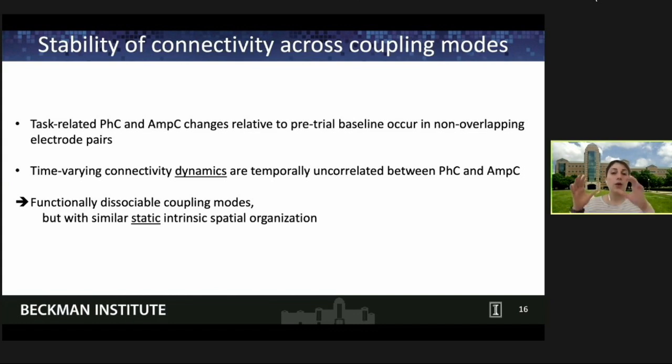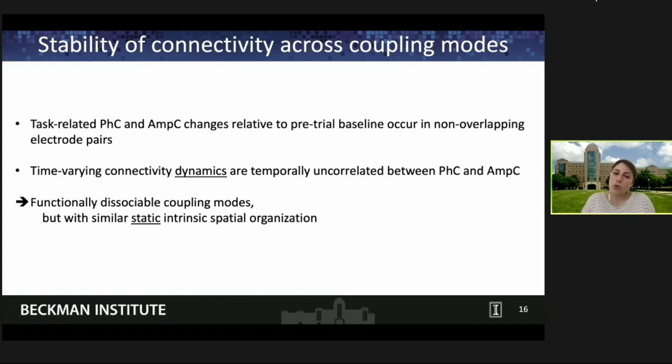So again, the connectivity matrices estimated during task and during baseline, they both show a cross-measure relationship between phase coupling and amplitude coupling. But if you're looking at how the functional connectivity changes from baseline to task, okay, so baseline corrected task-related functional connectivity is not overlapping spatially between phase coupling and amplitude coupling.